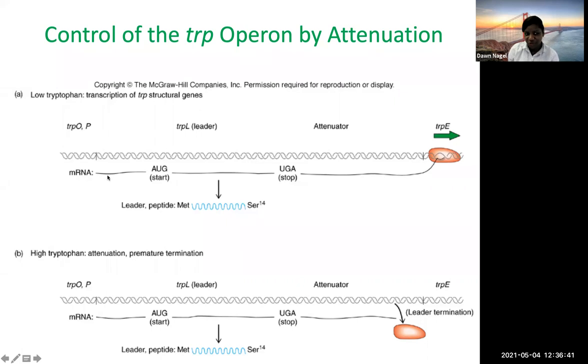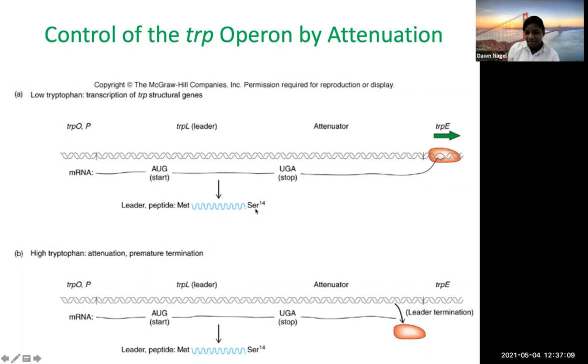In this particular region, between this operator and the start of these genes, you can find a kind of structure. So there's a trp leader region, and then there's the attenuator region. It's all encoded by this particular transcript, right? So you have a start and you have a stop, and this is the leader peptide that's formed.